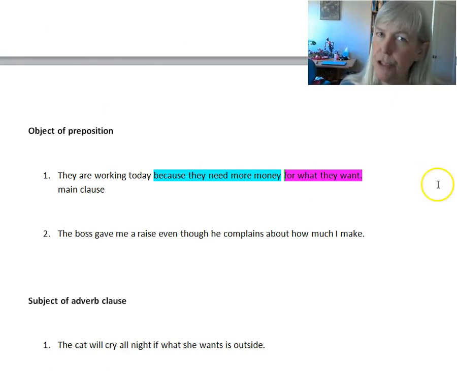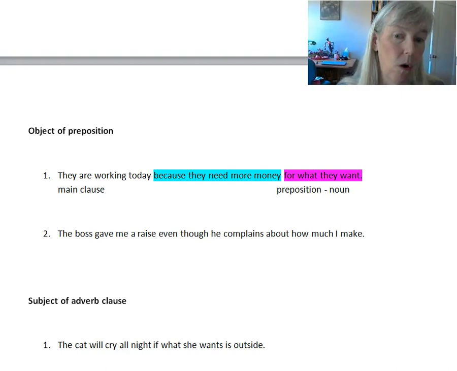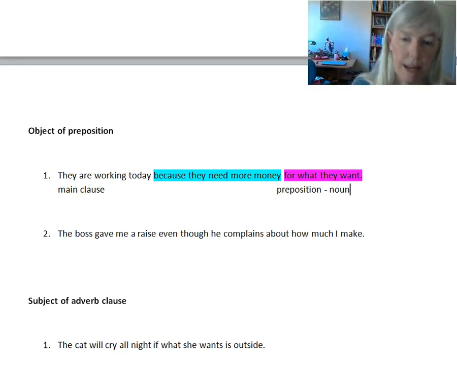We have a prepositional phrase. For what they want is a prepositional phrase. And a prepositional phrase goes from a preposition to a noun, right? So the preposition for what? For what they want. What they want is the noun.